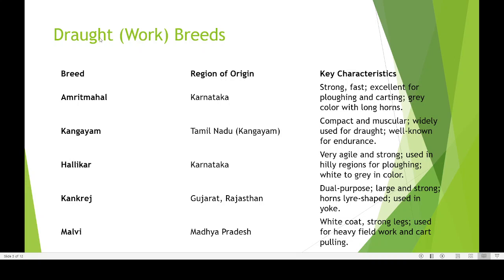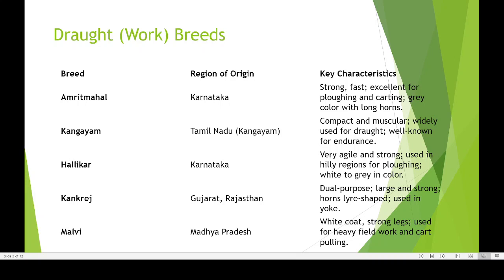Amrit Mahal. This is the Amrit Mahal cow. It is mainly used as a worker cow or draught animal.